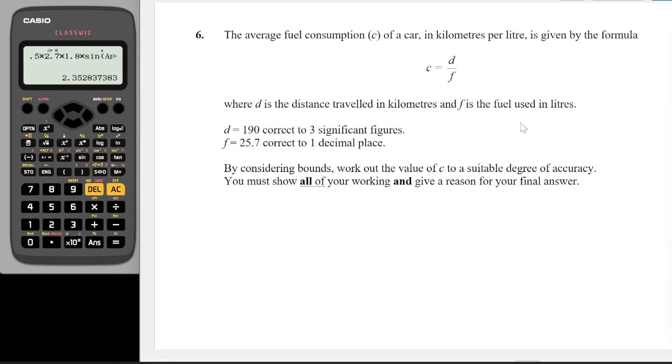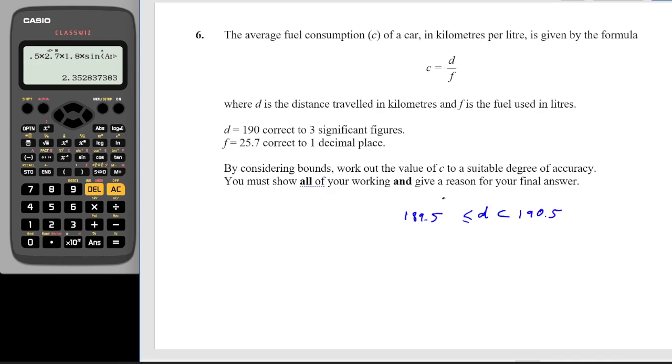Okay, so to do this, I'm going to first of all look at the bounds of the two numbers before I fully go into this. So if I go D, D has got to be greater than or equal to, if there's three significant figures, 189.5, and the largest it could be would be 190.5.